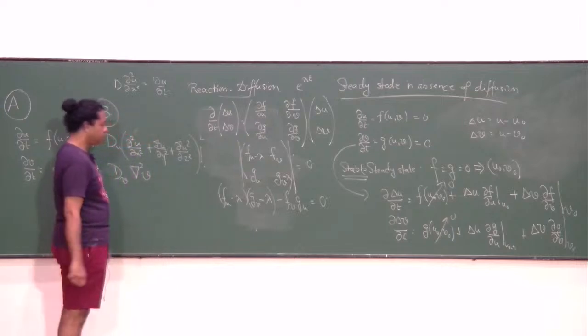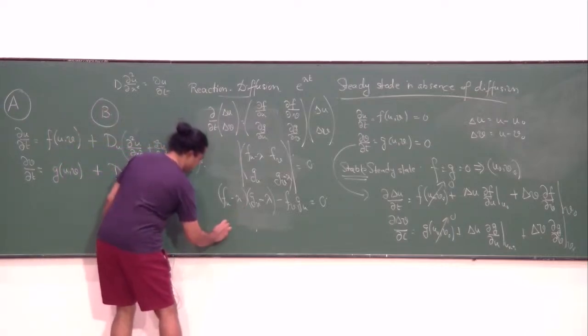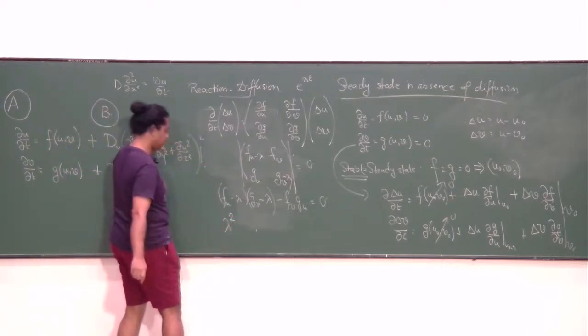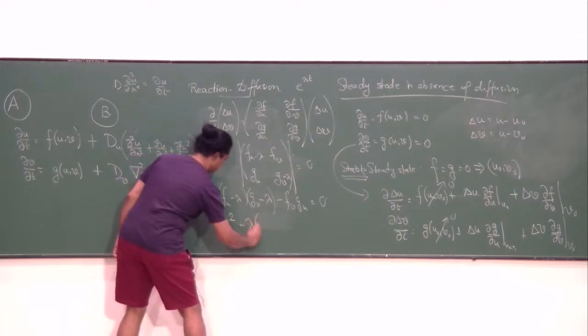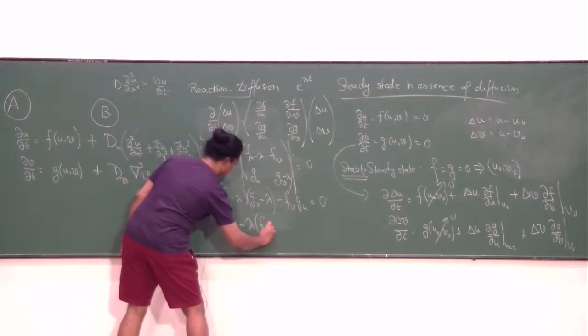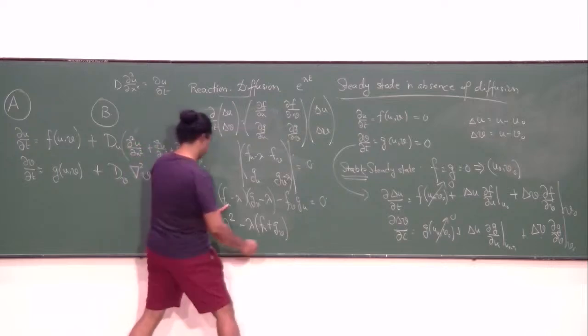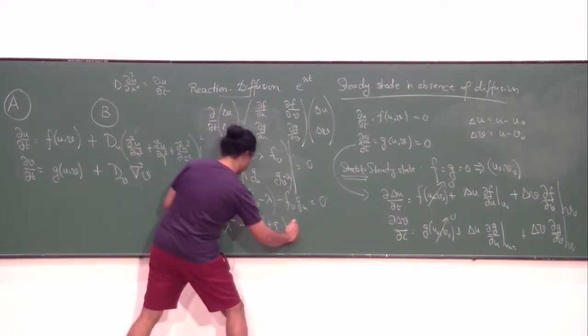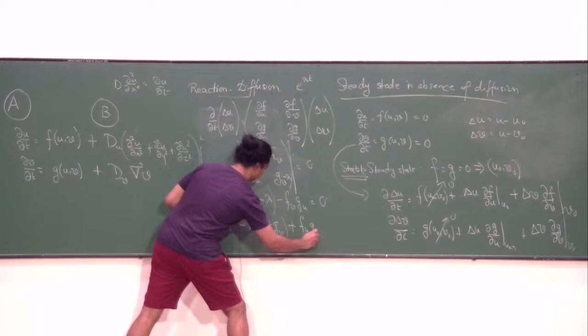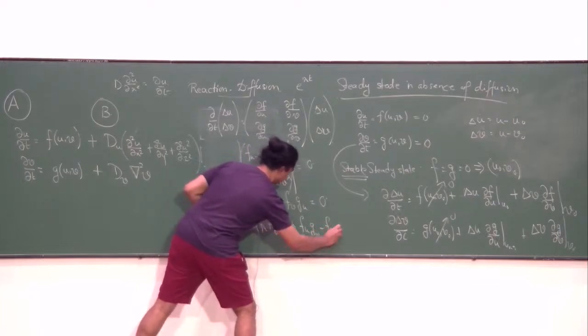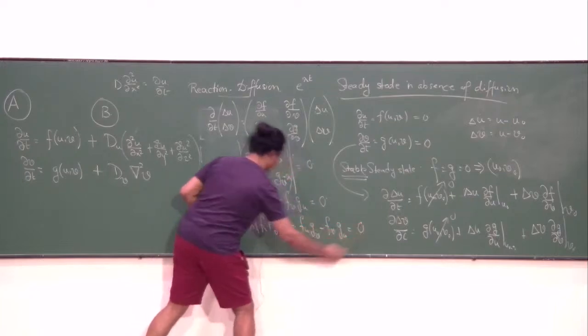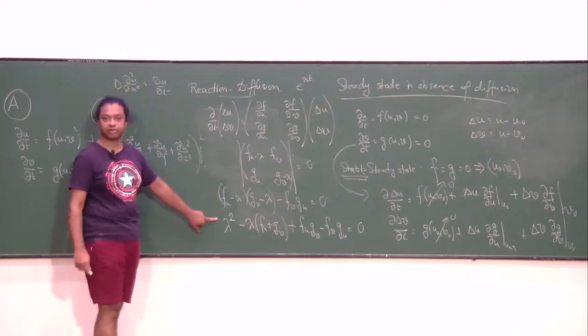That means, solving for lambda, lambda square minus lambda times Fu plus Gv, plus Fu Gv minus Fv Gu is equal to 0. That's my characteristic equation.